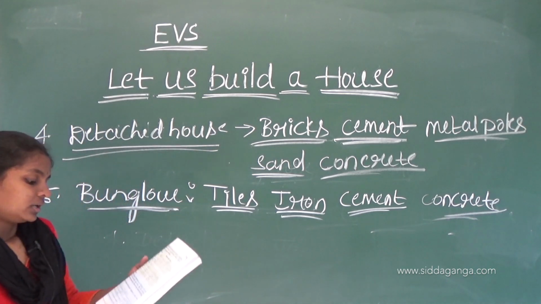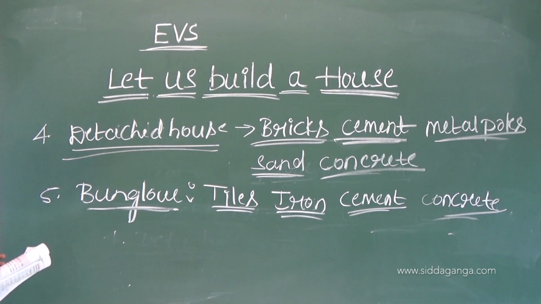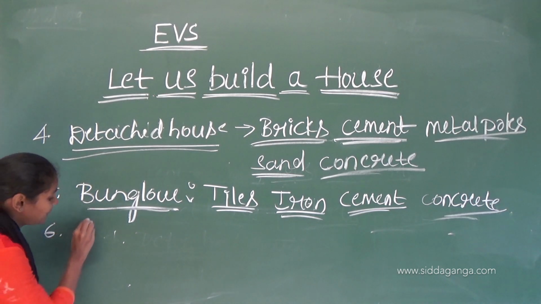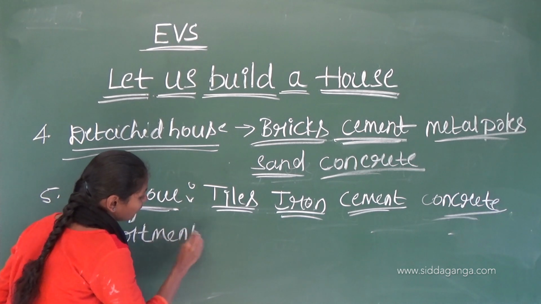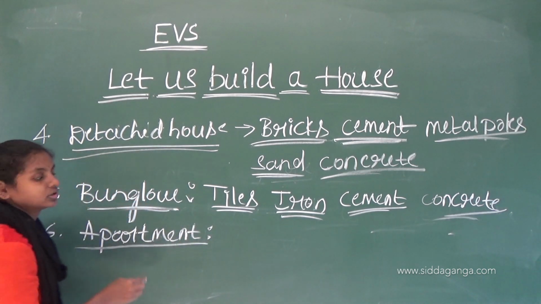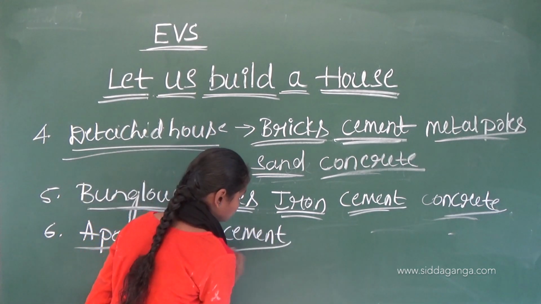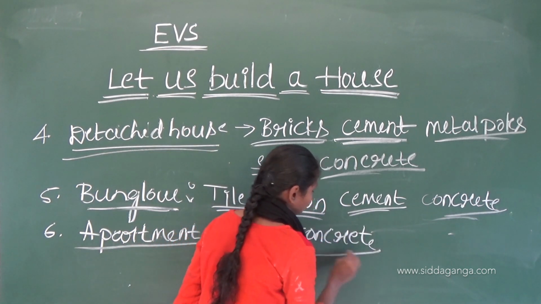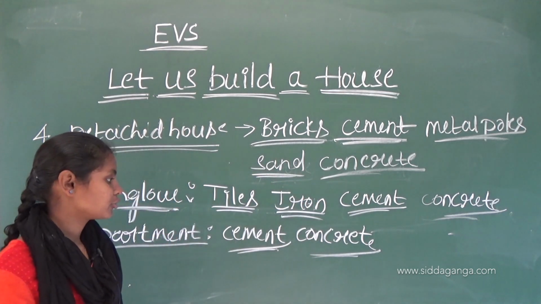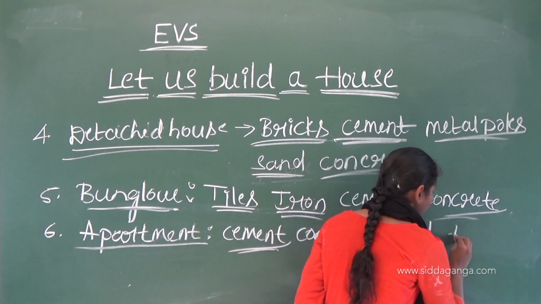Okay, next one is the sheet house or detached house or bungalow. That is apartment. The sixth one is apartment. For the construction of an apartment, we have to use cement, concrete, and also sand, metal.